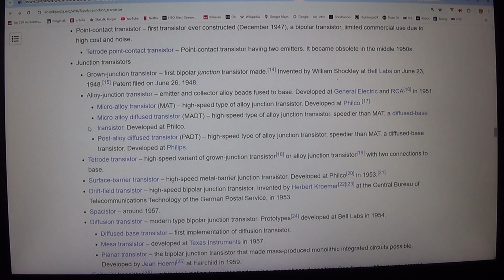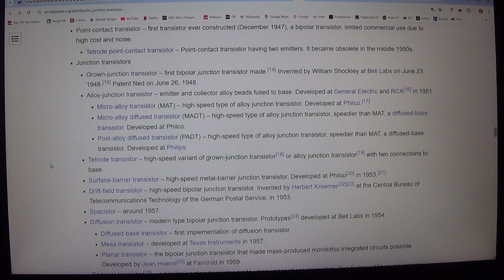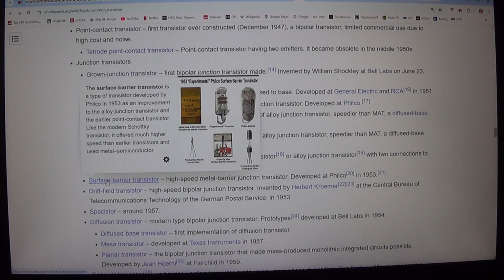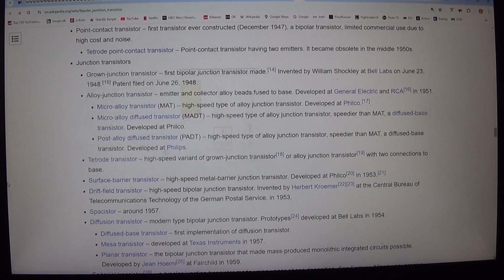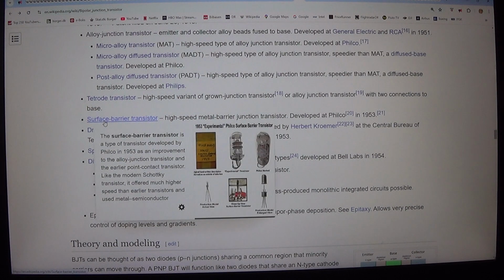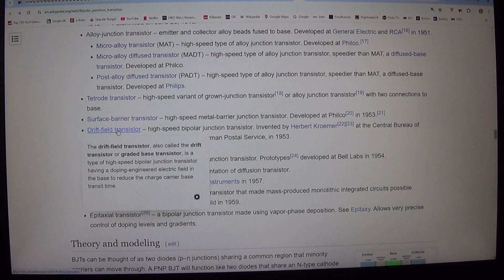Two, microalloy diffused transistor, high-speed type of alloy junction transistor, speedier than MAT, a diffused base transistor. Developed at Philco. Three, post-alloy diffused transistor, PAT, high-speed type of alloy junction transistor, speedier than MAT, a diffused base transistor. Developed at Philips.